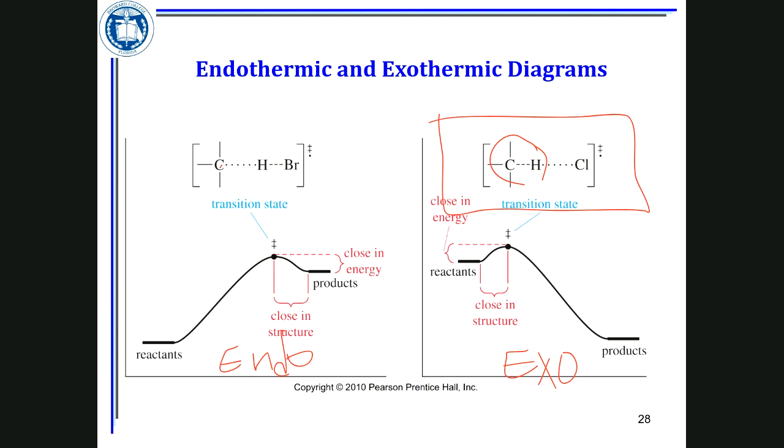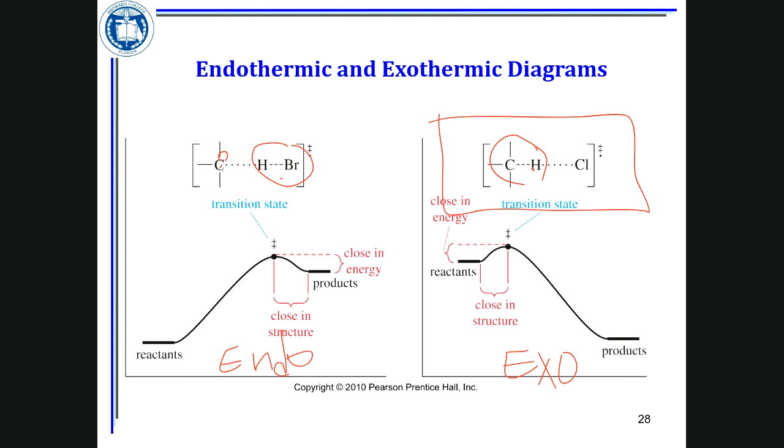It looks like the hydrogen is removed and a free radical is forming, because the distance between the carbon and hydrogen shows how engaged the hydrogen is with the carbon. So for an exothermic reaction, the transition state is very close to the reactant. For endothermic, it's close to the product.